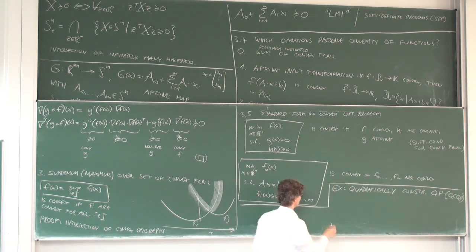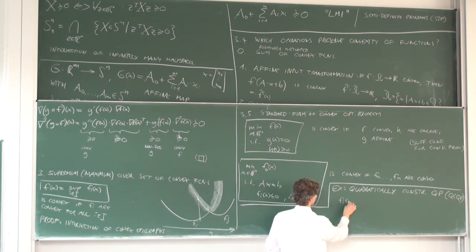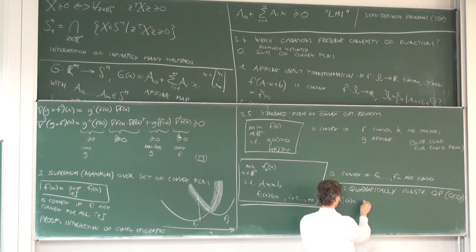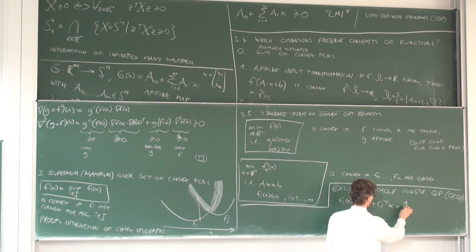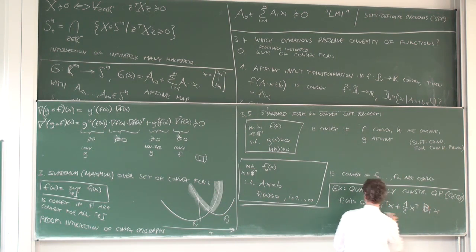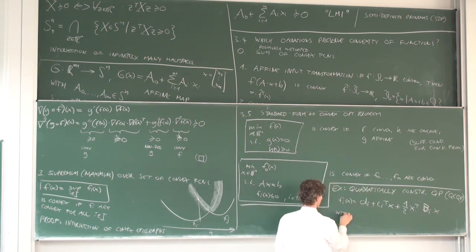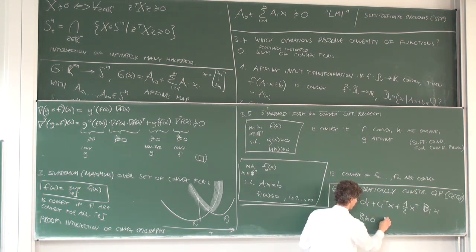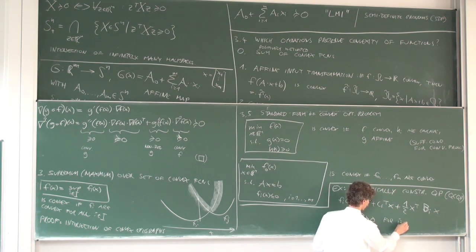And here we will have the functions f_i(x) just given by d_i plus c_i transpose x plus 1/2 x transpose B_i x. So these are symmetric matrices, which should be positive semi-definite, for i going from 0 to m.